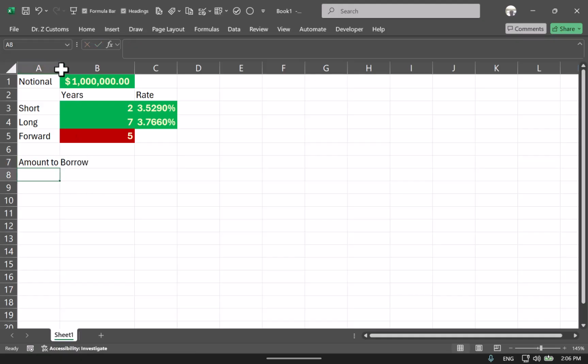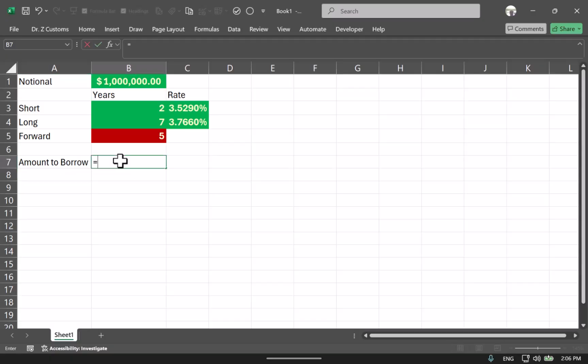I'm going to borrow present value of $1 million. That's going to be invested for 2 years at the 2-year rate, which means divide that by 1 plus the 2-year rate raised to the power 2. So that's the amount I need to borrow.